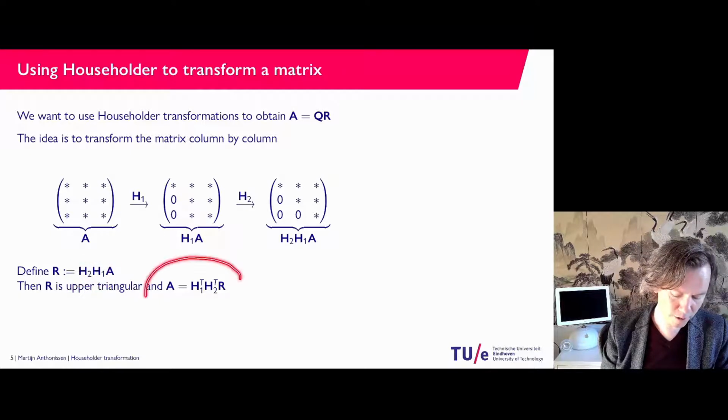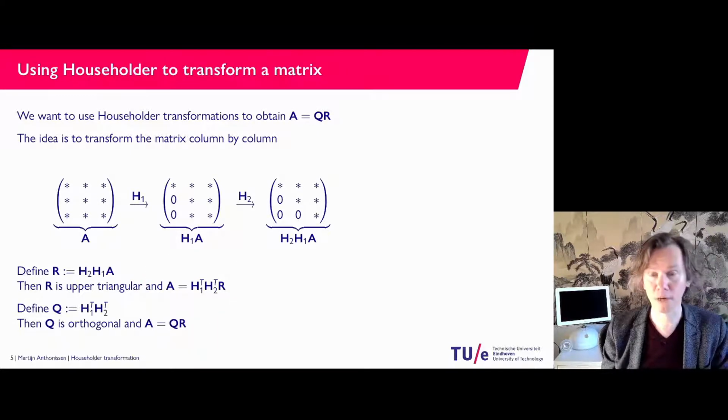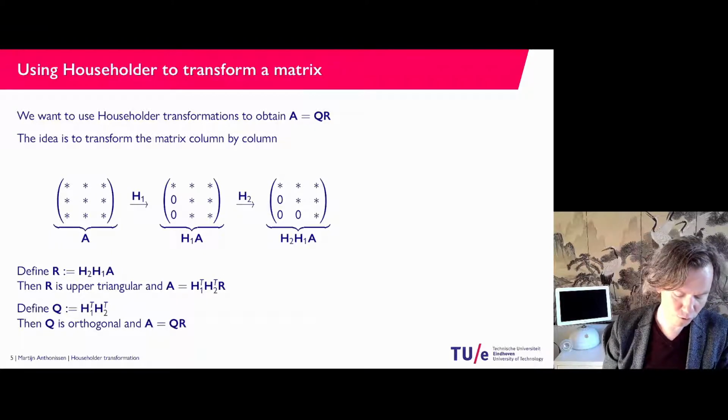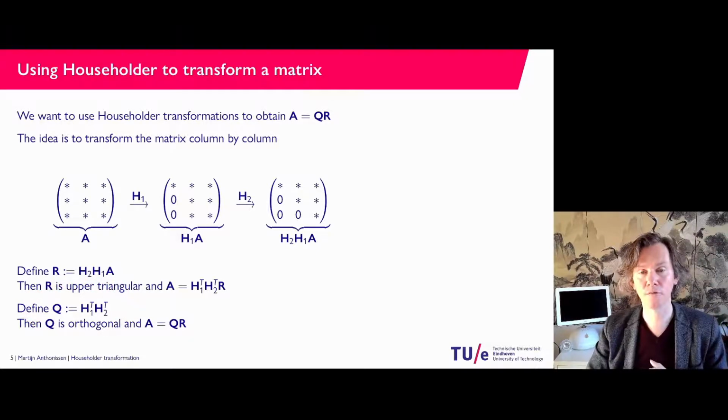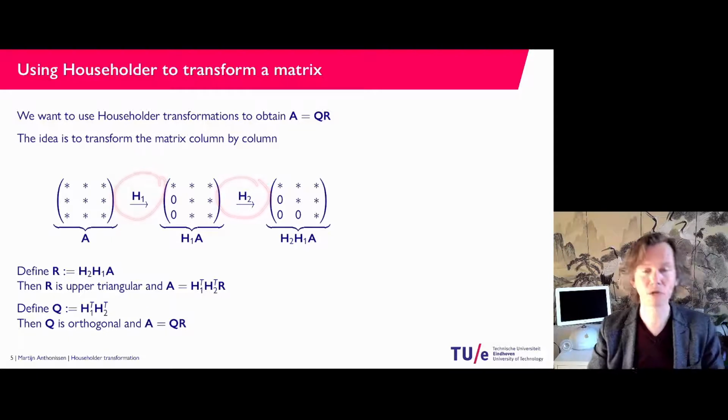So you can write A as H1 transpose, H2 transpose times R, and it's symmetric. I didn't use that here. We define Q as this product, and then Q is an orthogonal matrix, and we have A is Q times R. So this is how you can do that if you know how to choose these matrices.